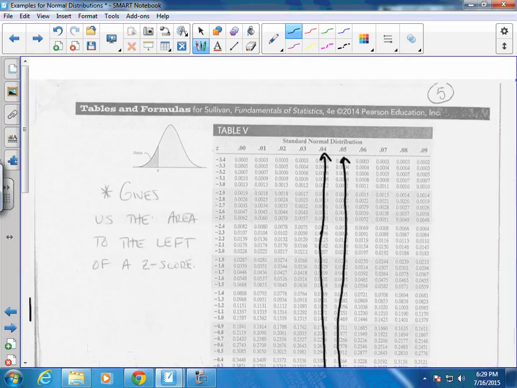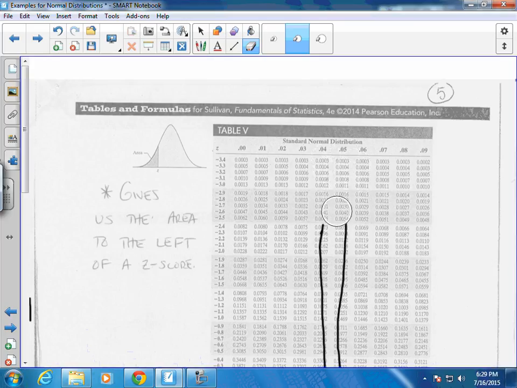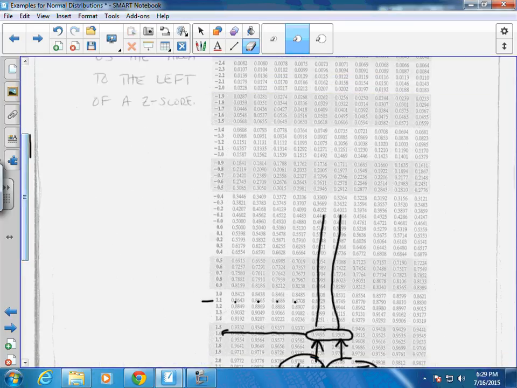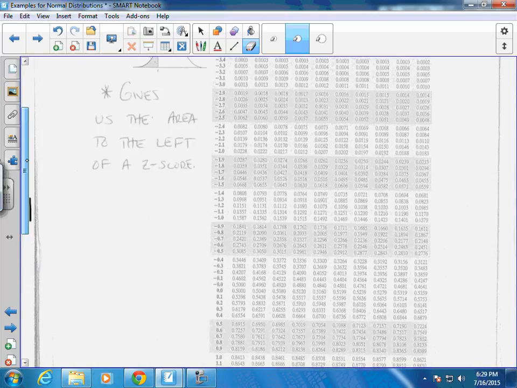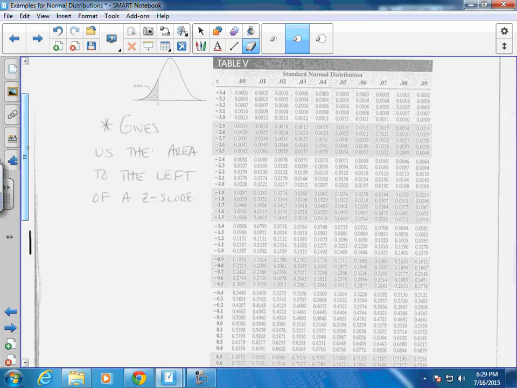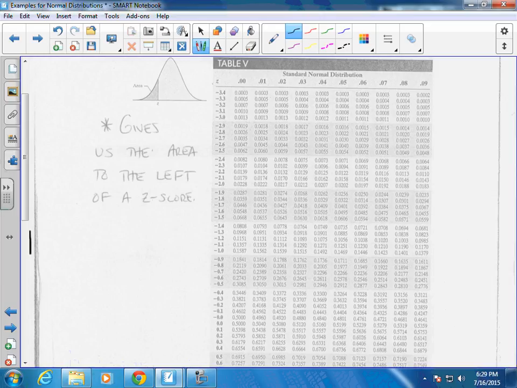Again, I'm going to be looking at the middle of this table at these 4 decimal digit values because I want to find the area to the left closest to 0.1000. Like I said, typically we're just going to go with the closest one.